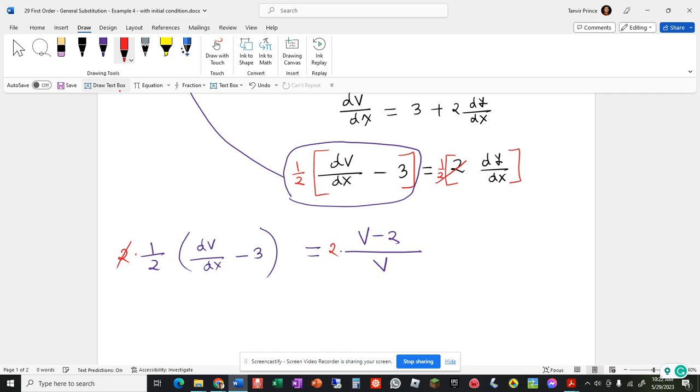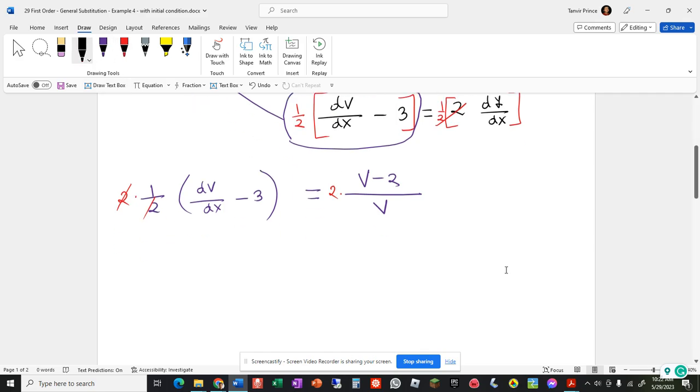Okay, so this will cancel out. Okay, so it's basically algebra. So I have dv dx minus 3 equal to, let me multiply this out. So I get 2v minus 4 over v.